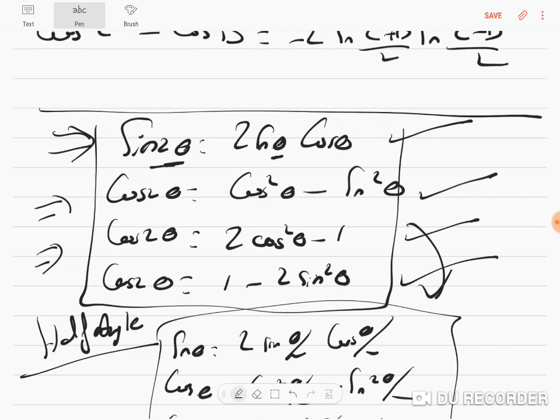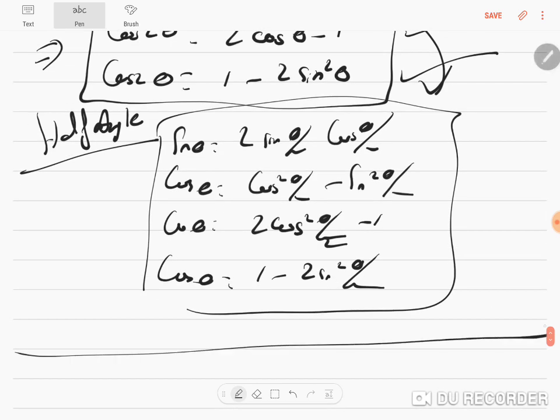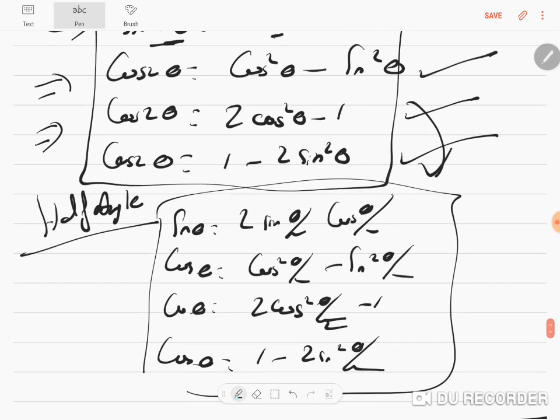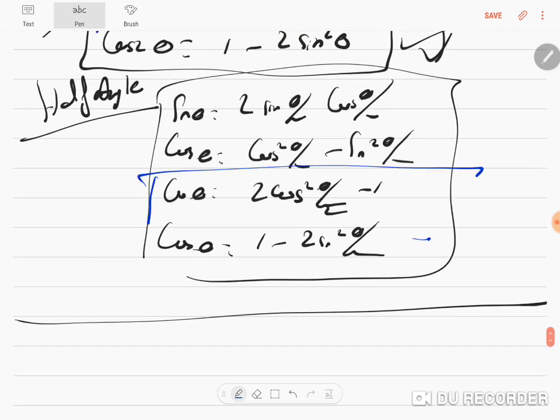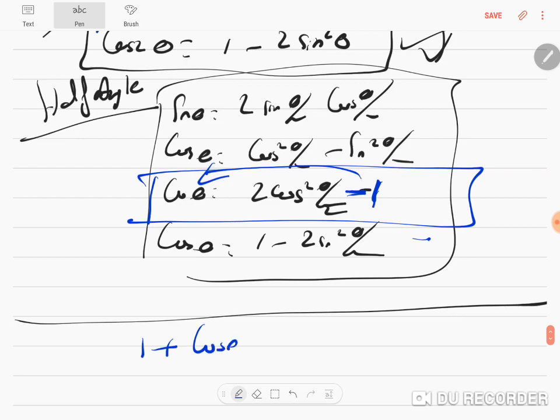Now, I am going to deal with the next formula, again a flow chart. If you see, take this formula, move the minus 1 here to the left side. You will get 1 plus cos theta is 2 cos square theta by 2.